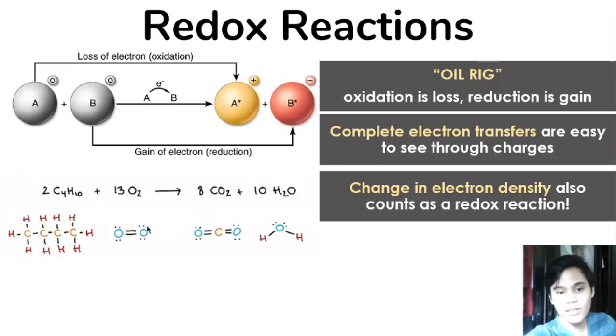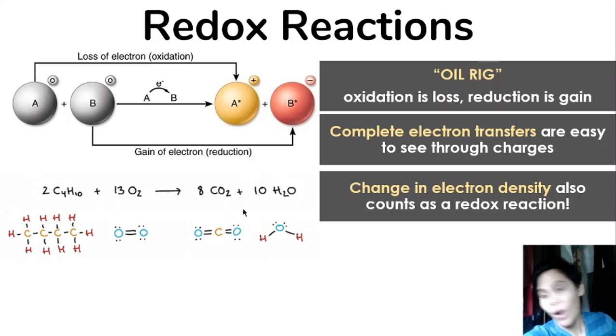You can see it in this bottom left one. Most of the electrons are found in the bonds of carbon and hydrogen here in the reactants, in your C4H10. After the reaction, the electron density switched to have more electrons between oxygen and carbon.